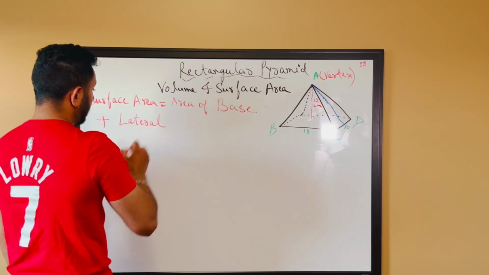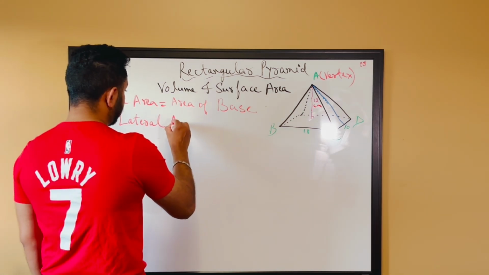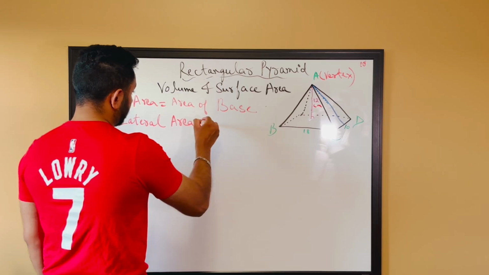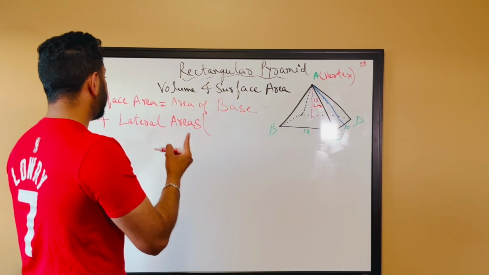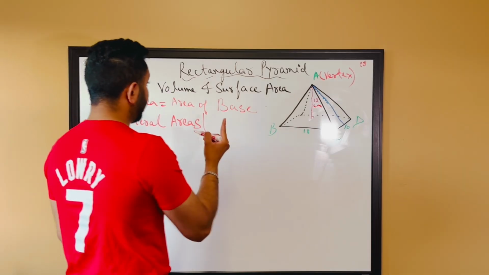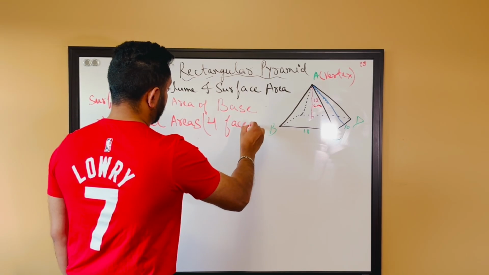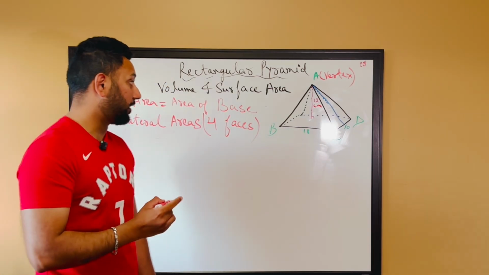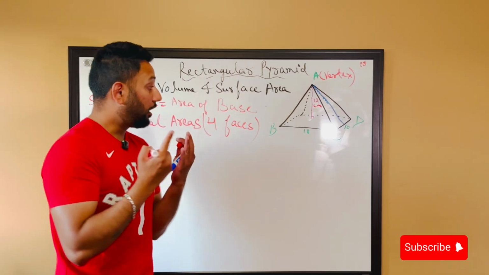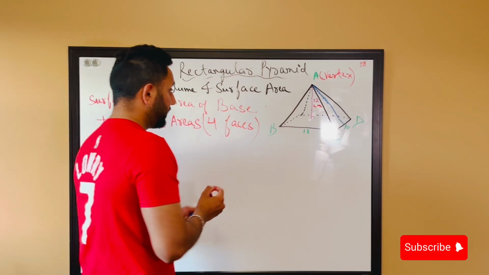That means adjacent faces. Lateral areas, which means we have to find individual areas of all the 4 faces, and these 4 faces are in the form of triangle. So basically we have to find the area of all the 4 triangles.